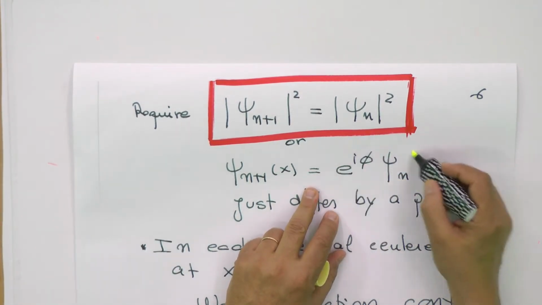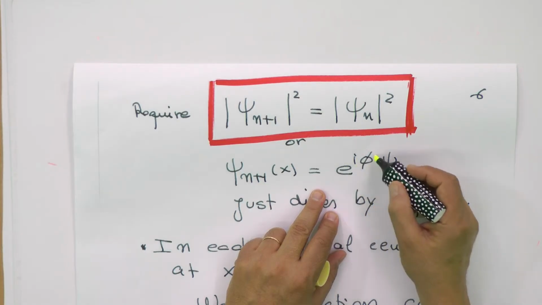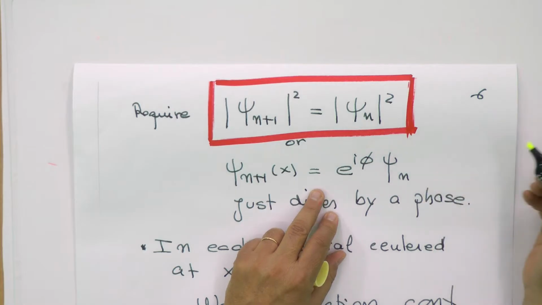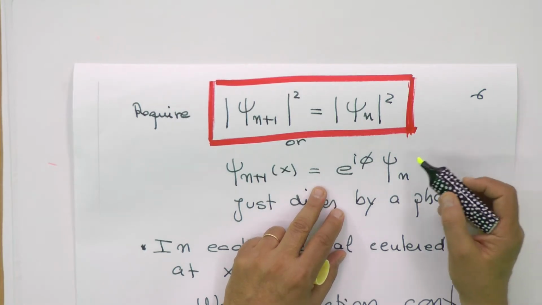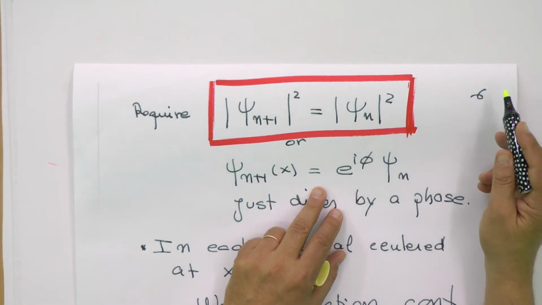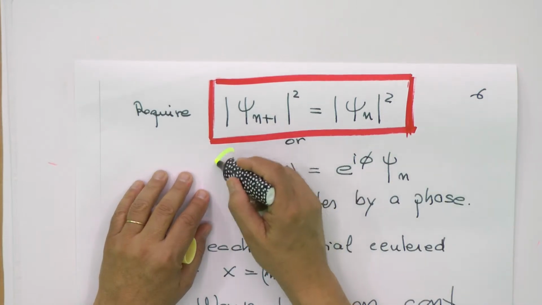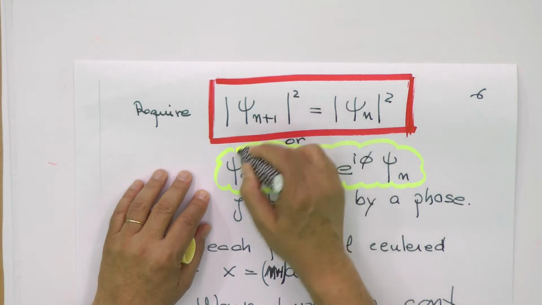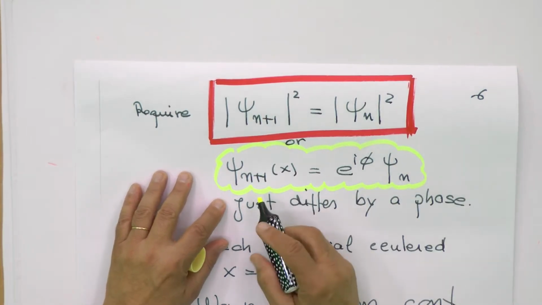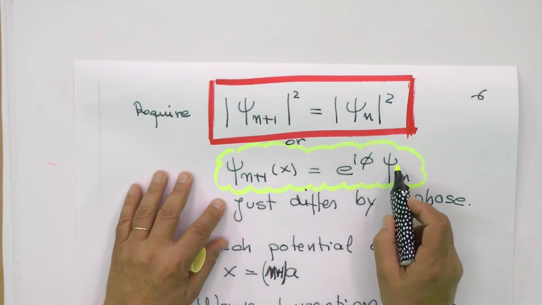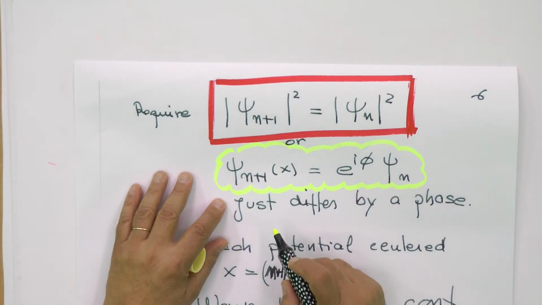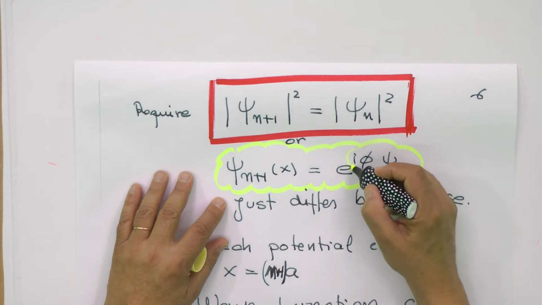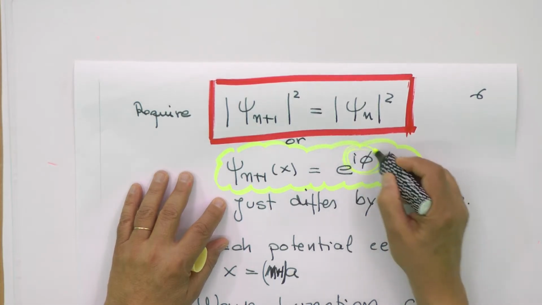The complex conjugate of this is minus i times the phase phi times psi star. Multiplied by psi, the phase goes away, independently of what it is. So one of the boundary conditions for this regularity of the potential is that the wave function in one position and the wave function in the next position, displaced by A, must differ only by a phase.